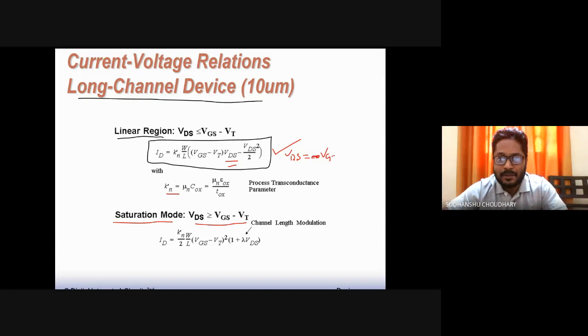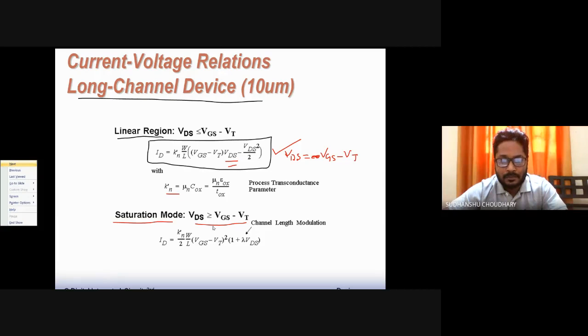So this becomes VGS minus VT whole square minus VGS minus VT whole square by 2, so this becomes VGS minus VT whole square divided by 2. So ID is given by Kn prime W by L, VGS minus VT whole square by 2.